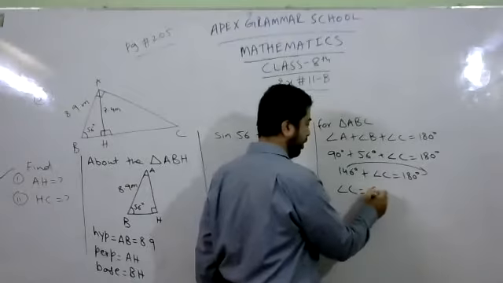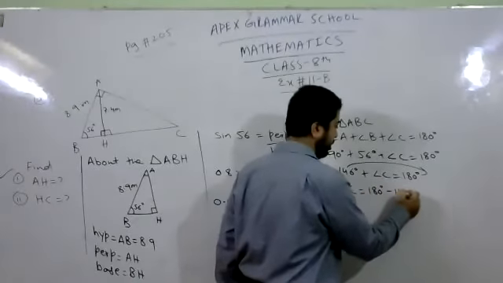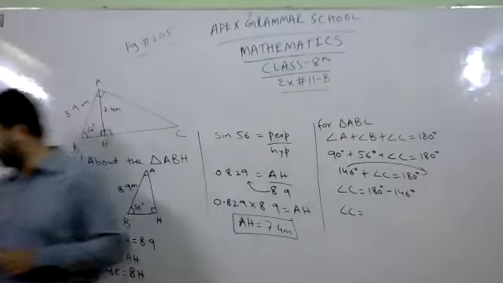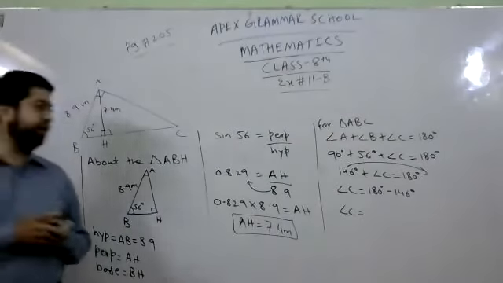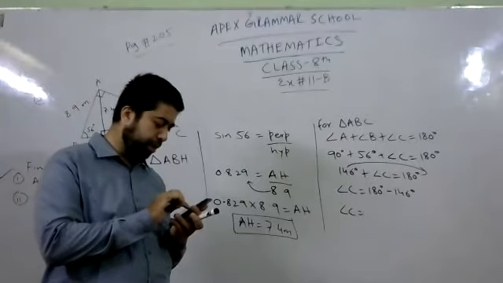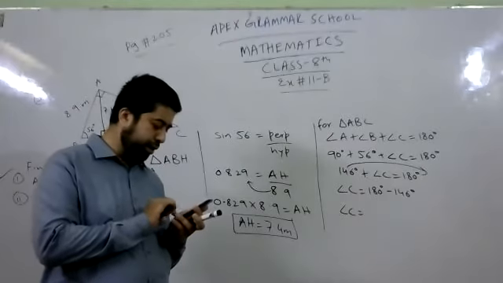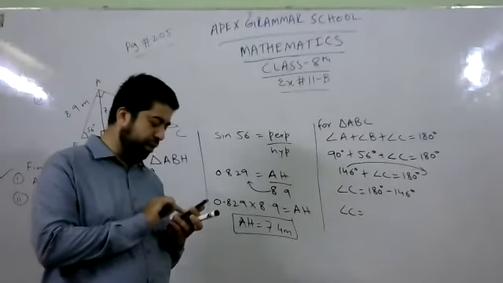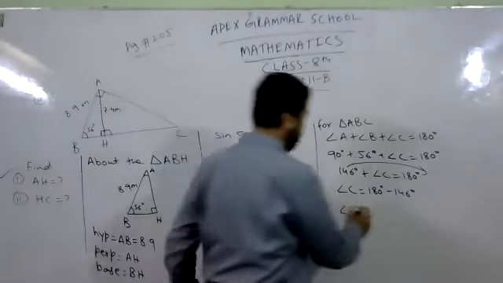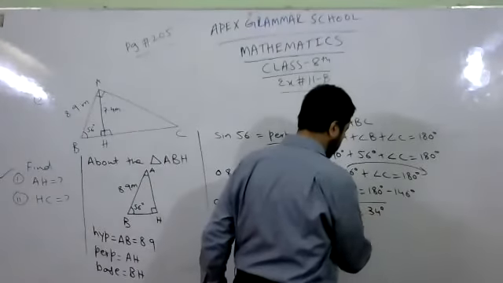Angle C is equal to 180 degrees minus 146 degrees, that is 34 degrees. So angle C is 34 degrees.